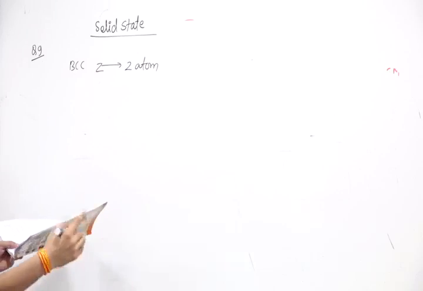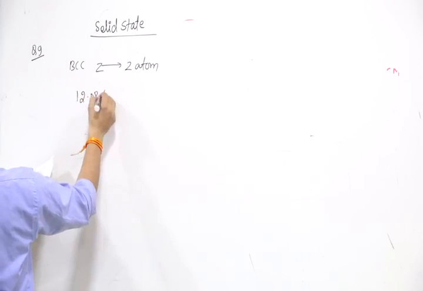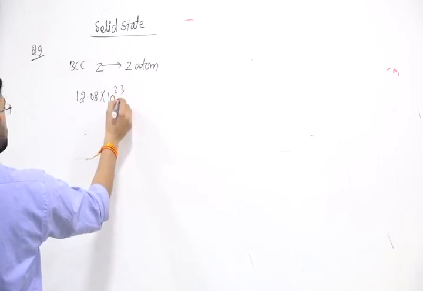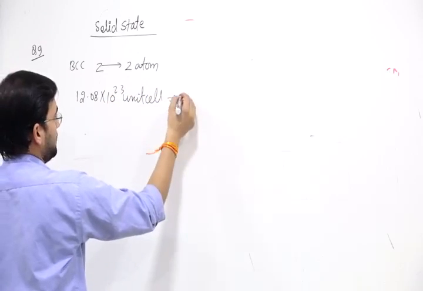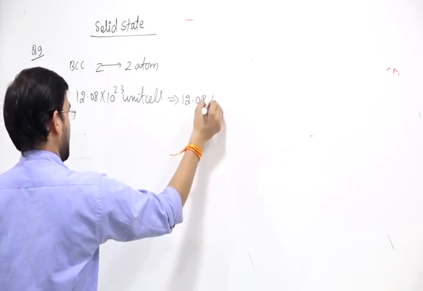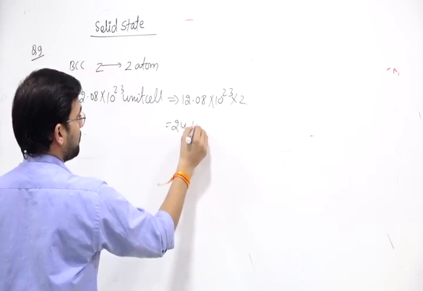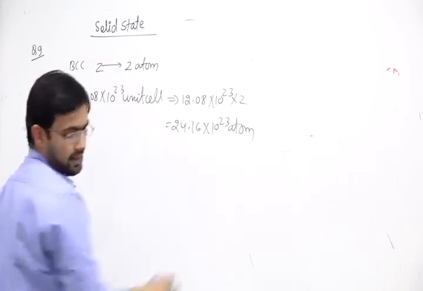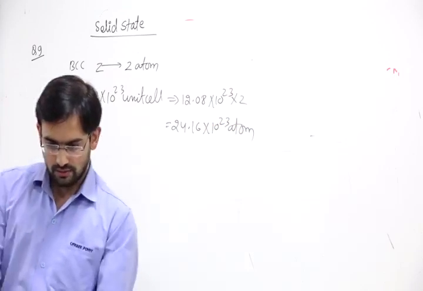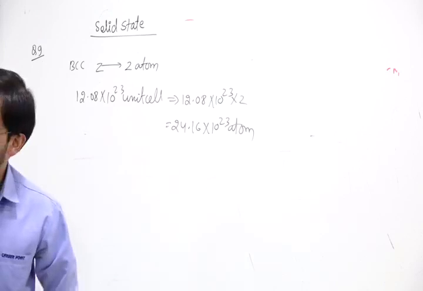So 12.08 into 10 power 23 unit cells will contain how many? Multiply by 2, we get 24.16 into 10 power 23 atoms. Question number 9 done. Then question number 8 and 18.